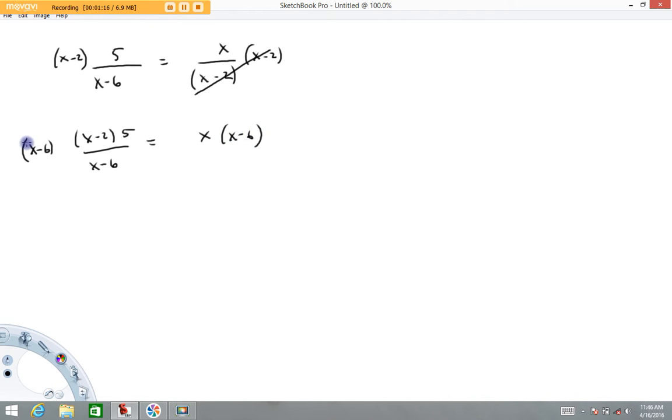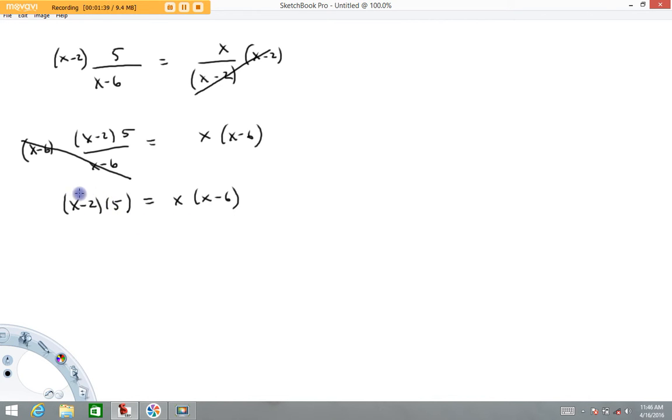And if we do that, over on the left, we're left with x minus 2 times 5, and then equals x times x minus 6. So now what we have is, by choosing the appropriate thing to multiply by, we can kill off the fractions, or just get rid of the fractions, and now we're left with just a nice algebraic equation to deal with.